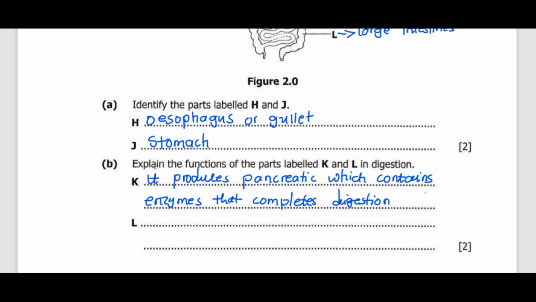So the completion of digestion occurs in the small intestine.